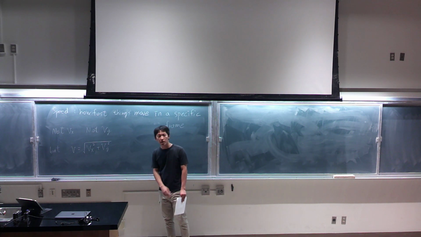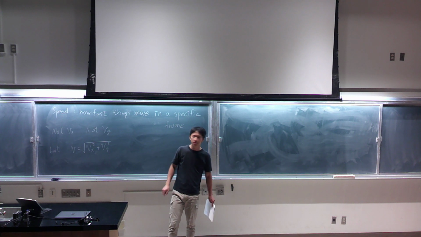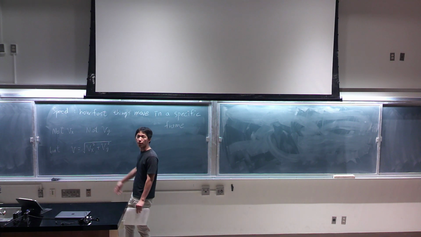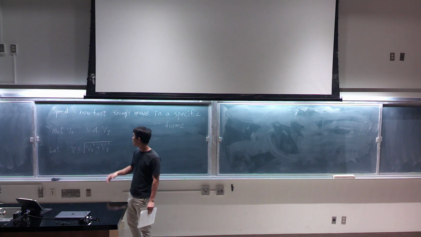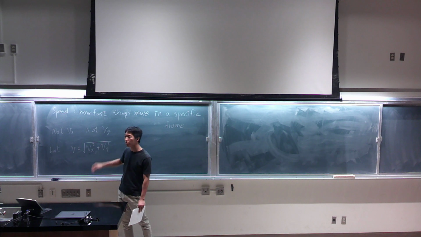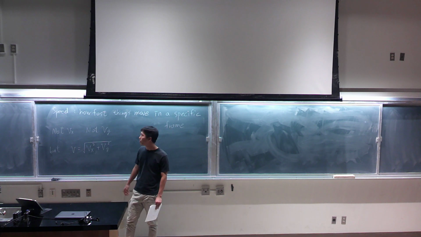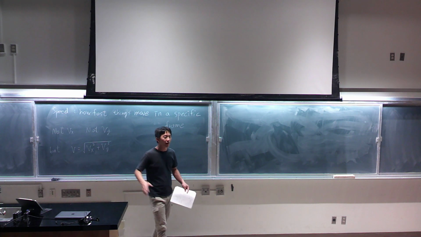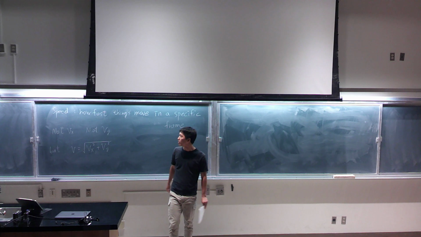Vy can be positive or negative depending on whether you're going up or down. But the square root will always be positive, so you don't have imaginary speed. And this will be non-zero as long as one of them is non-zero. As long as something's moving, this will be non-zero.